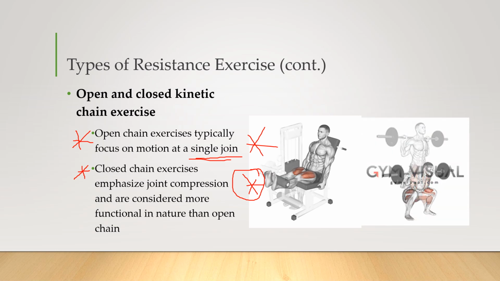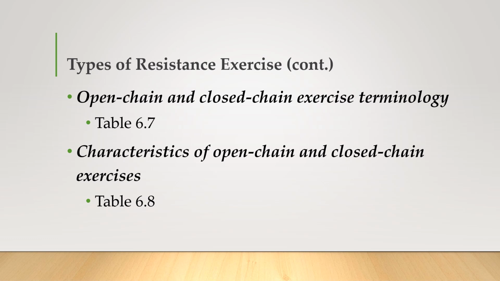So here are your two examples. Of course, there's tons of other characteristics and terminology that I did not list. You can check table 6.7 for some of those terminology characteristics, and table 6.8 gives you a reference for open and closed chain exercise.